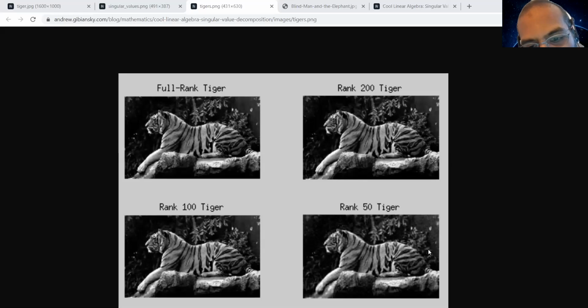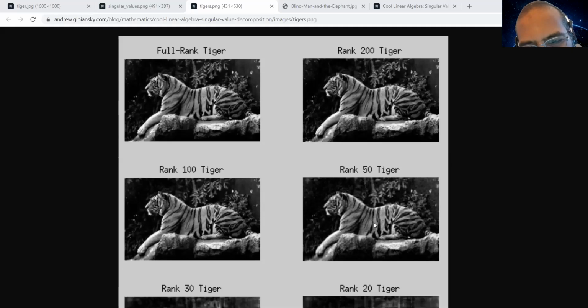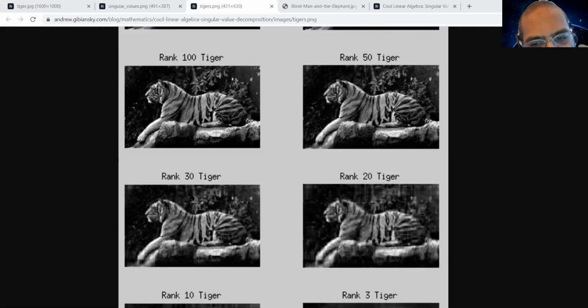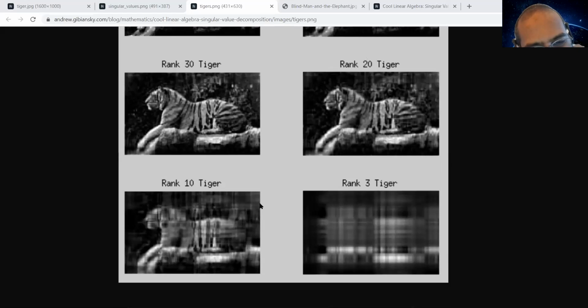Rank 50 tiger, you can see a little bit of degeneration, but it's not so bad, right? It's still pretty much, to the human eye, looks the same. Rank 30, you can really tell things are getting worse. Rank 20, it still looks like a tiger, by the way. Rank 10 tiger, okay, rank 3 tiger, you can't tell what it is, right? But even down to rank 10, you can tell what it is.